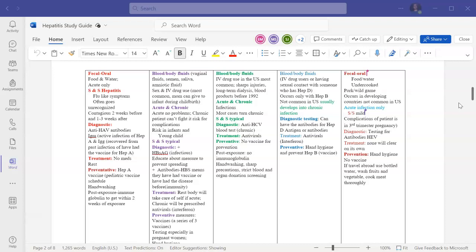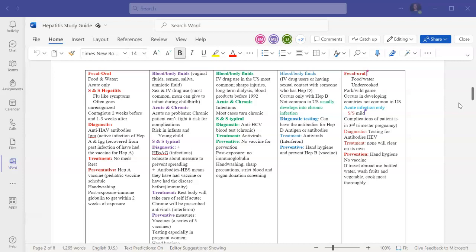Hep C is transmitted through body fluids, IV drug use for both B, C, and D. What type symptoms will they have when they have hepatitis C? The symptoms are going to be more pronounced. The jaundice, again, fever, fatigue, dark urine, clay-colored stools, may have joint pain, may have some GI symptoms.